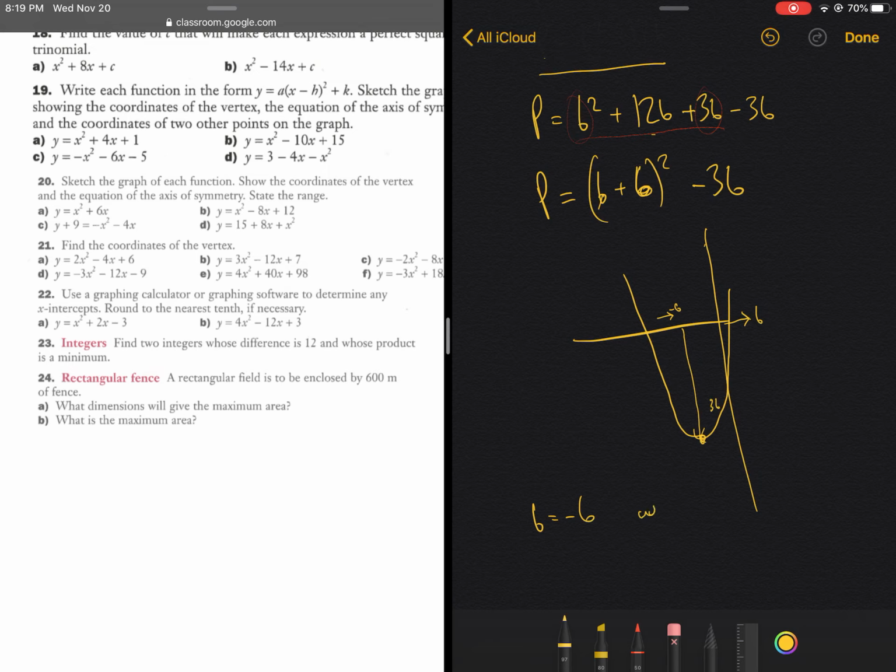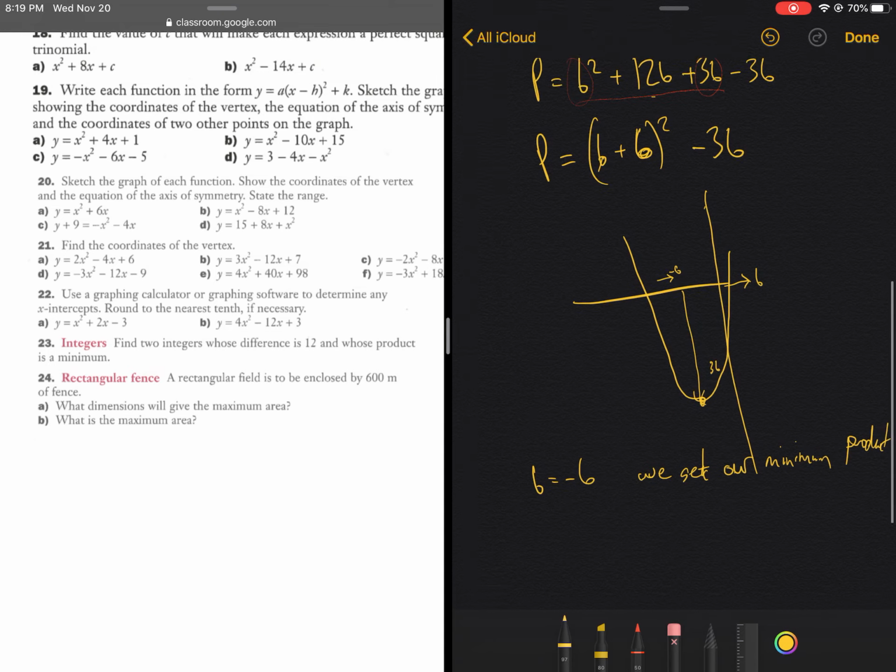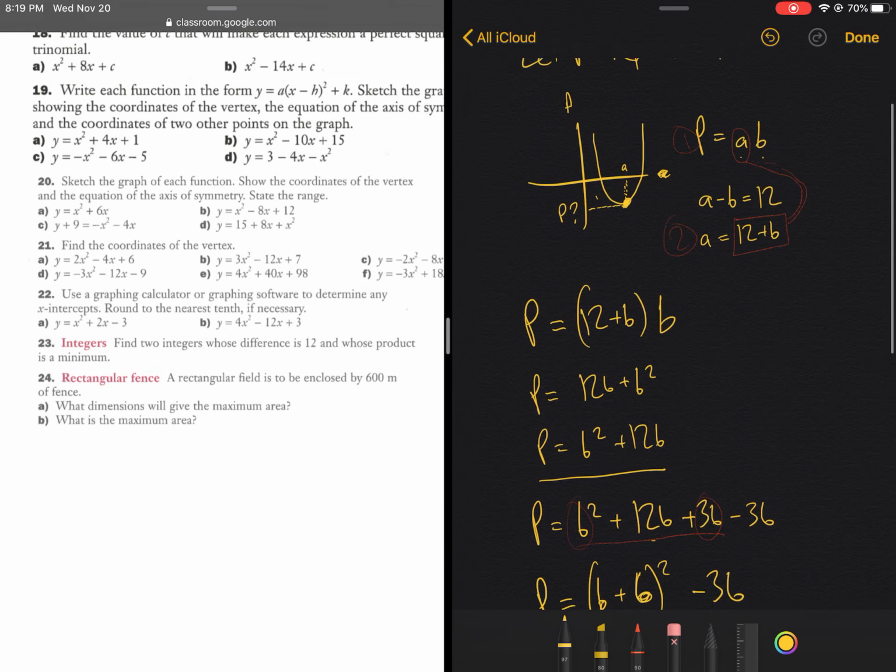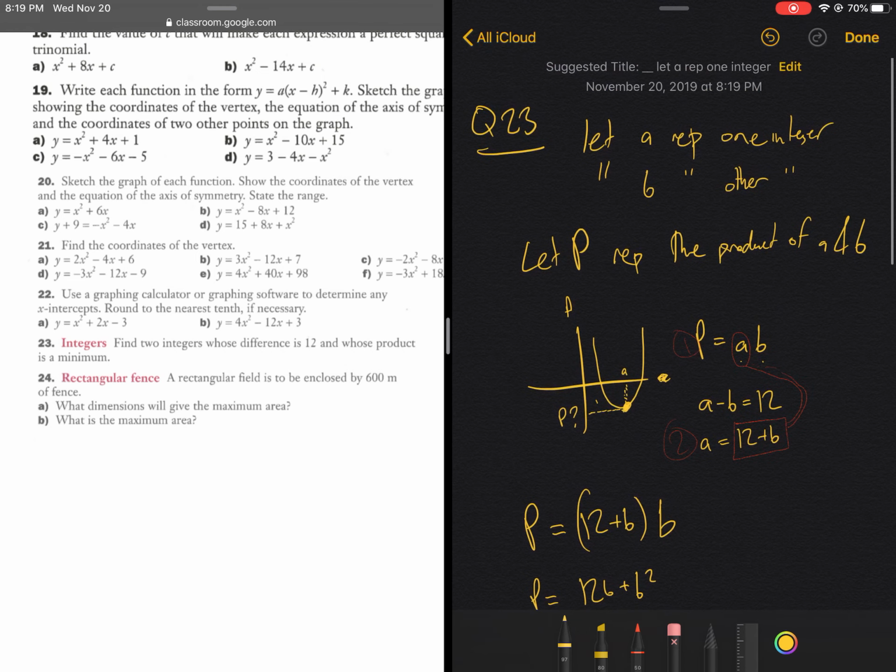we get our minimum product. So what does that mean? If B is minus 6, what is A? Let's see the relationship between them.